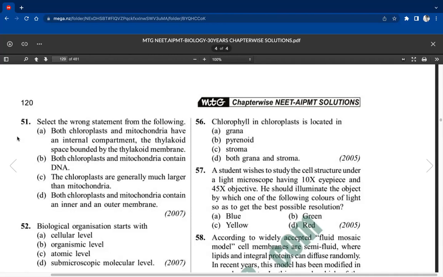What do you think is the answer? Option C. Option C. Yes. And what do you think, Iram? Iram, what do you think is the answer?